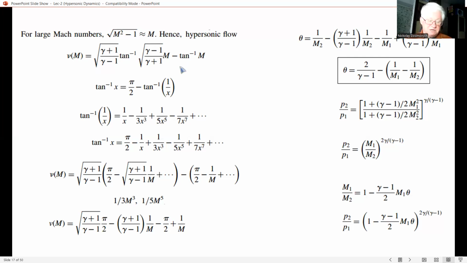Recalling the trigonometric identity, the inverse tangent of x gives us half pi minus the inverse tangent of 1 over x.